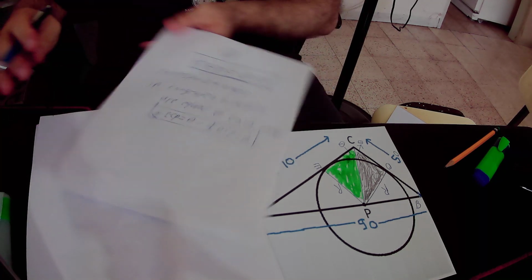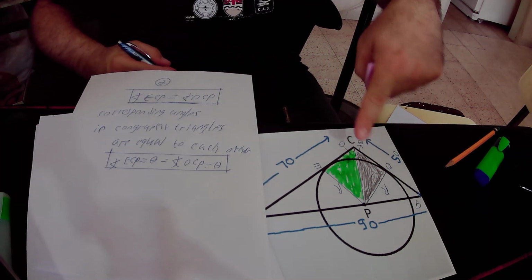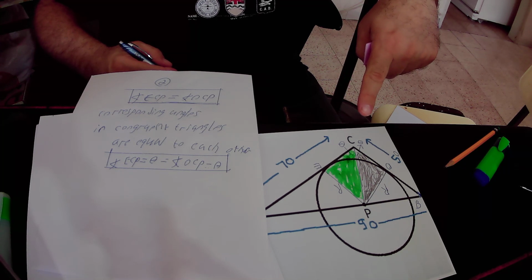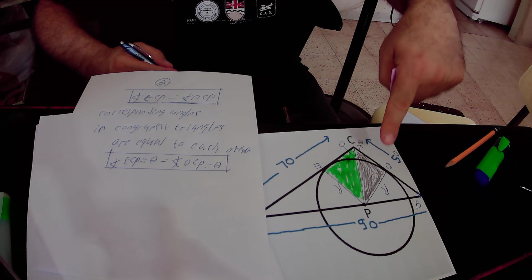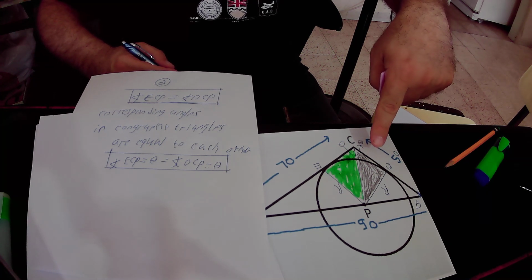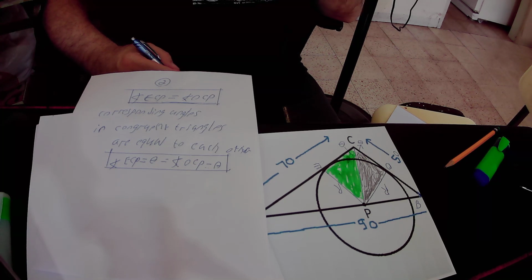Again, angle ECP of the green triangle equals theta and also equals angle OCP of the black triangle that also equals theta.